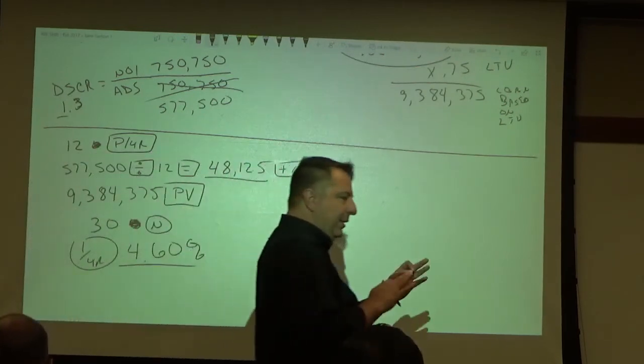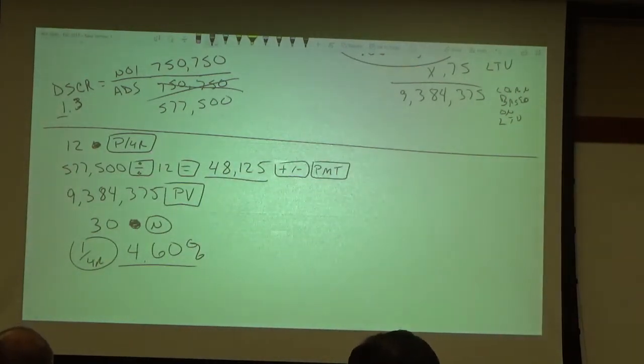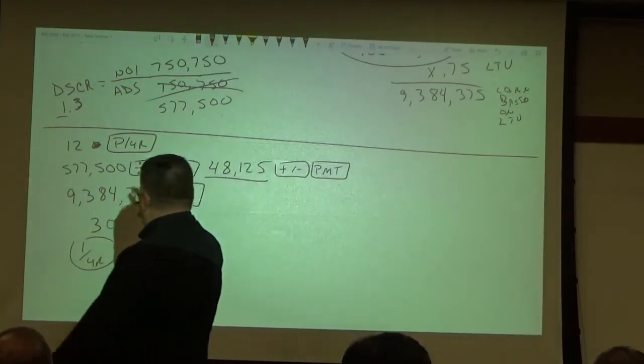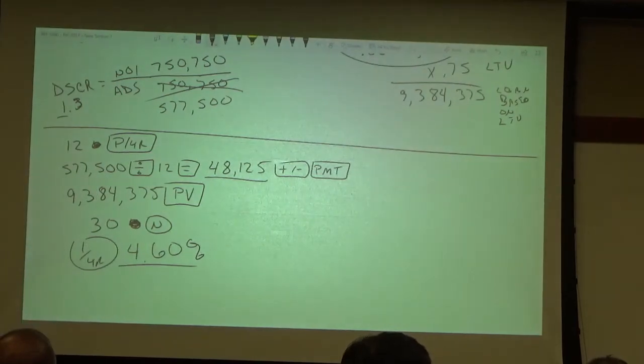Now, that's only one way that we can potentially tinker around with this, all right? So what if, using those two pieces of information, instead, we did a 15-year loan? What would that do to us?